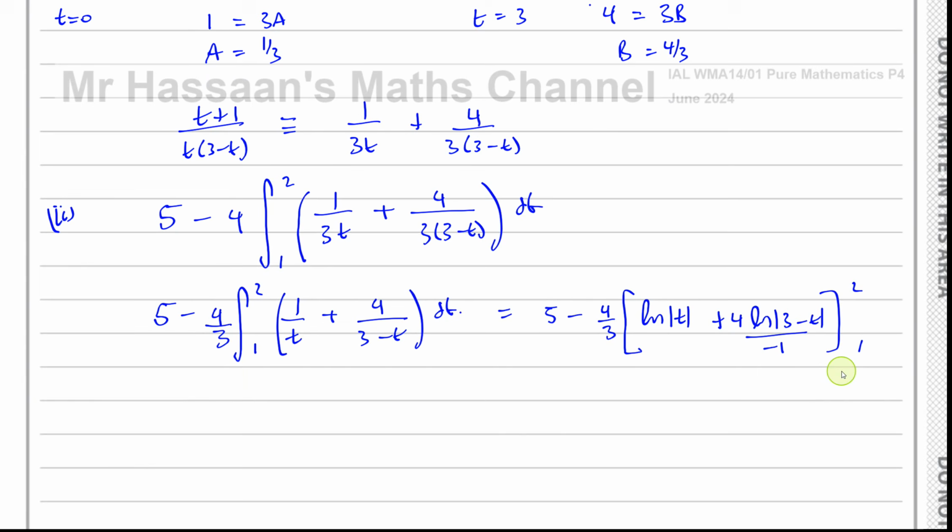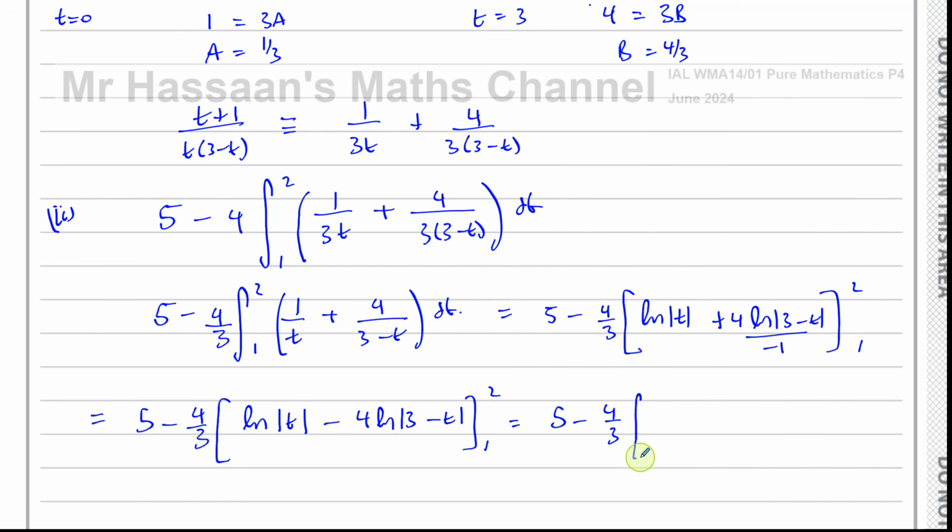Right, so now we can hopefully get our answer soon. So 5 minus 4 over 3 times, and let me simplify before I put the values in, ln of t minus 4 ln of the modulus of 3 minus t, limits 1 and 2. Okay, so this is 5 minus 4 over 3 times, now I'm going to put 2 in here, so that'll be ln of 2.